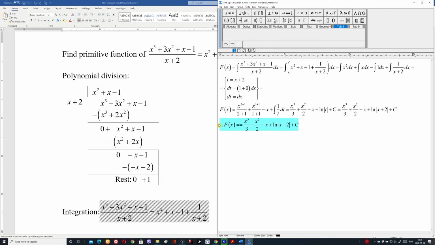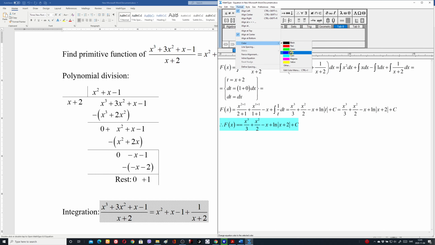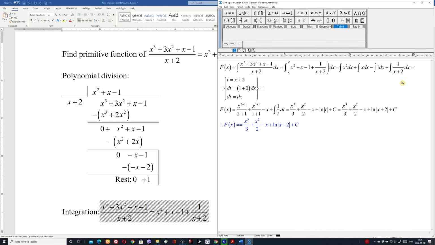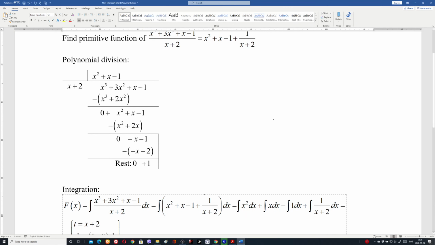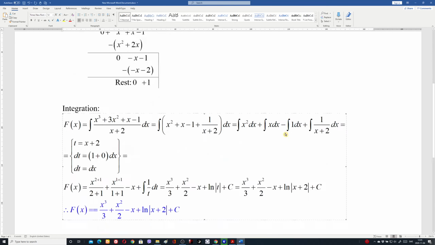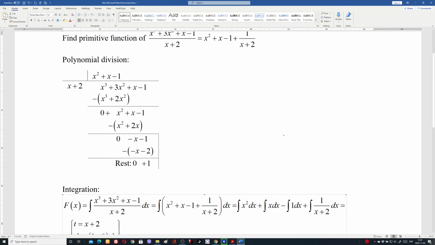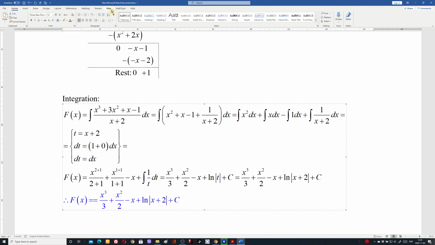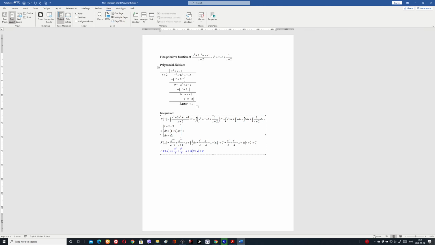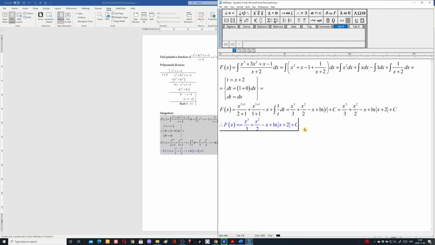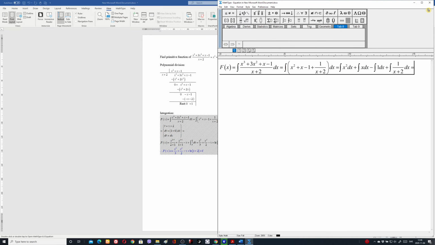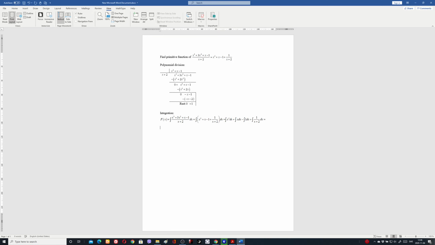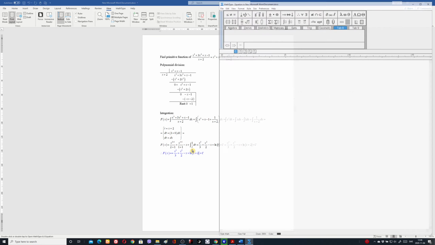Let me change the color here, and this one is the solution for these calculations. So now you see that let me take just one page. Let me do here every formula for this half, and I will put this one like this.